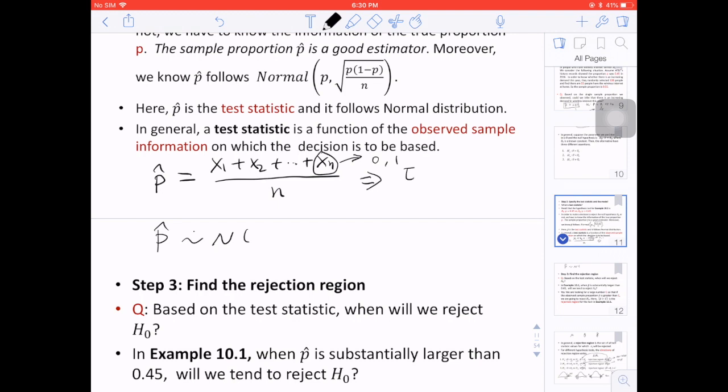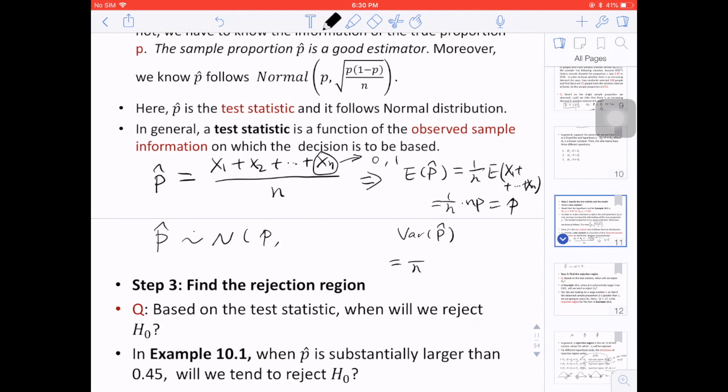So we can have the expectation of p hat equal to 1 divided by n times the expectation of x1 plus x2 until xn, which is equal to np divided by n, so which is p. So the expectation is p. What about the variance?